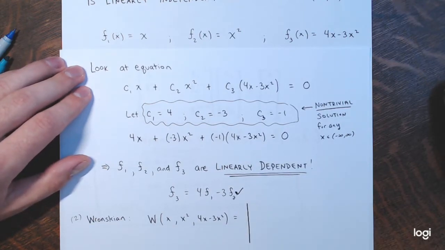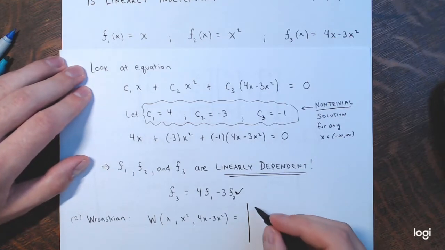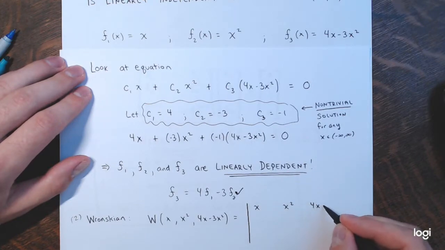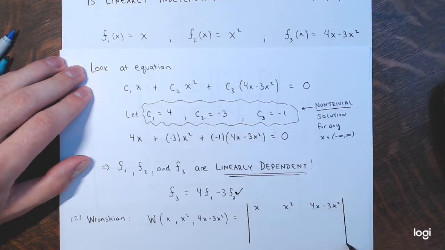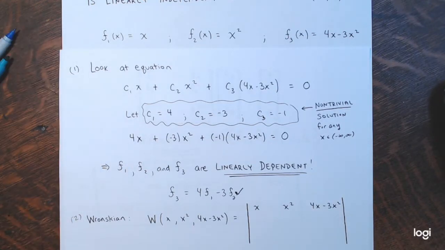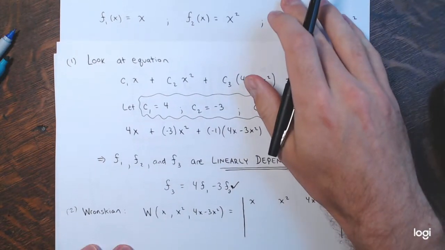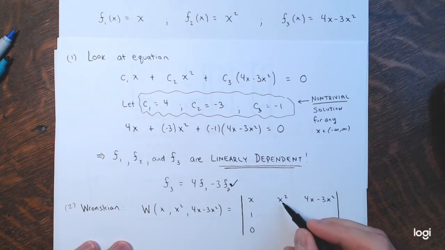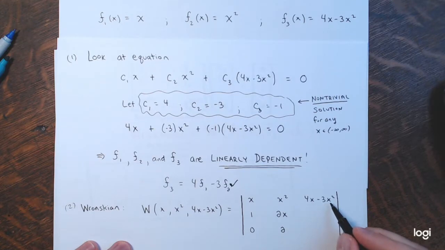So this will be a 3 by 3 matrix where I have the functions up top, x, x squared, 4x minus 3x squared, and then their derivatives up to the second derivative. Three functions, we go up to the second derivative to create a 3 by 3 matrix. So derivatives with respect to x would be 1, then 0. Derivatives of this function would be 2x, then 2. Derivatives of this function would be 4 minus 6x, and then negative 6.